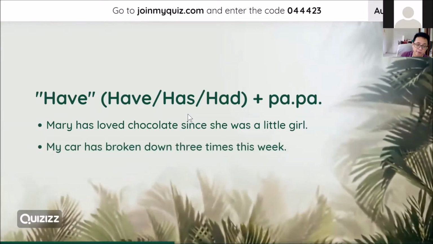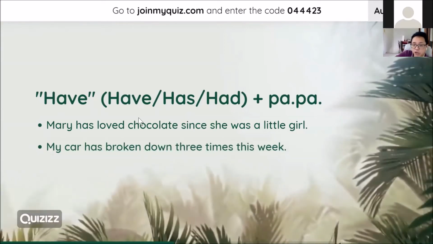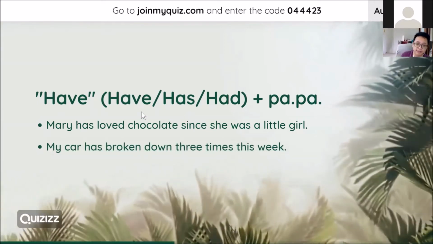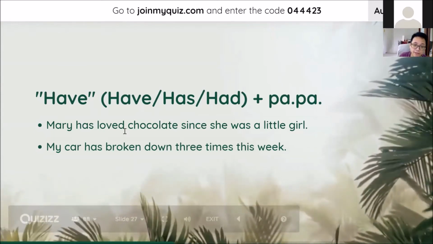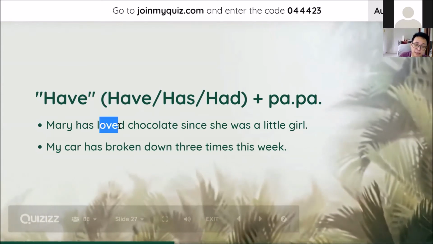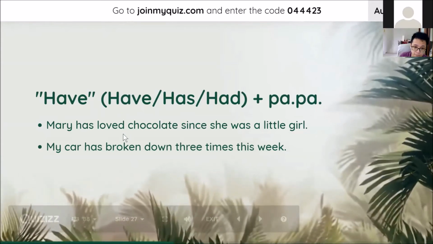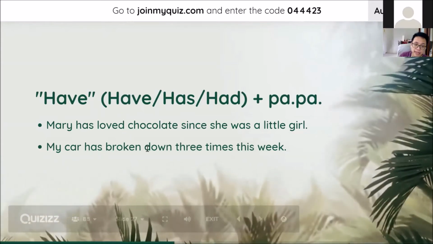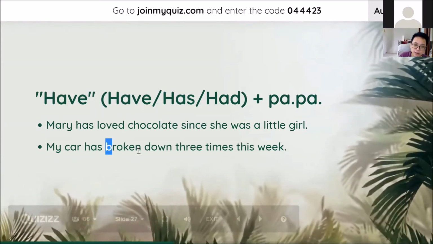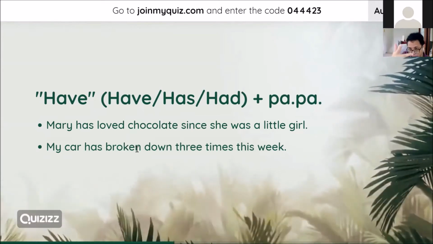Do I have an example here? Yep. So Mary has loved chocolate since she was a little girl. She has. So 这个 love 它的 past participle 是 loved. Okay, my car has broken down 3 times this week. So broken, break, broke, broken.